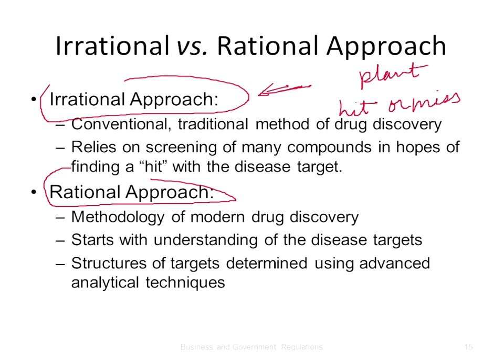It's called irrational because you don't really think about the target. You're just testing lots of different chemicals. Basically, you rely on screening of many compounds in the hopes of finding a hit. That used to be the more common approach because we didn't have a lot of the sophisticated techniques we have now for the rational approach. Now we do have lots of techniques for the rational approach.